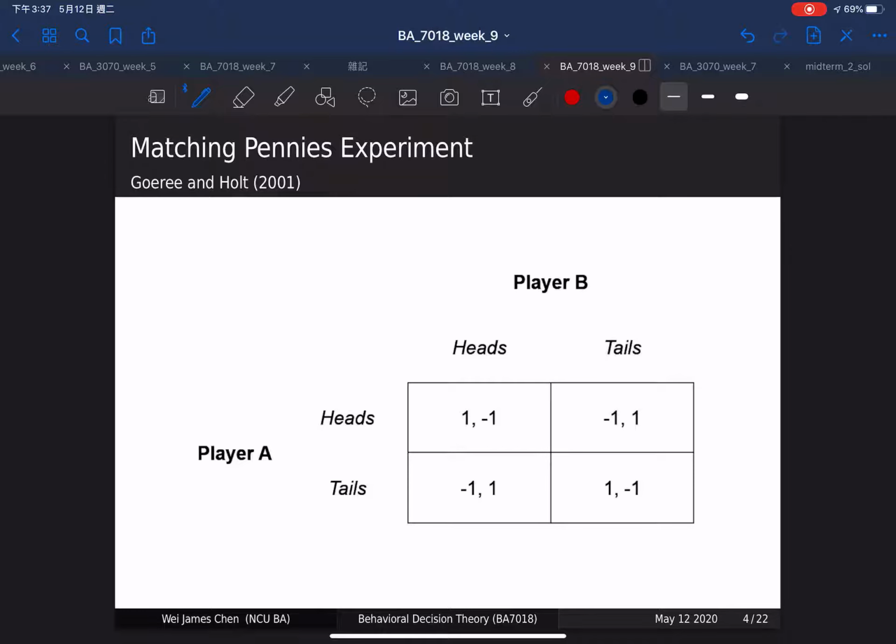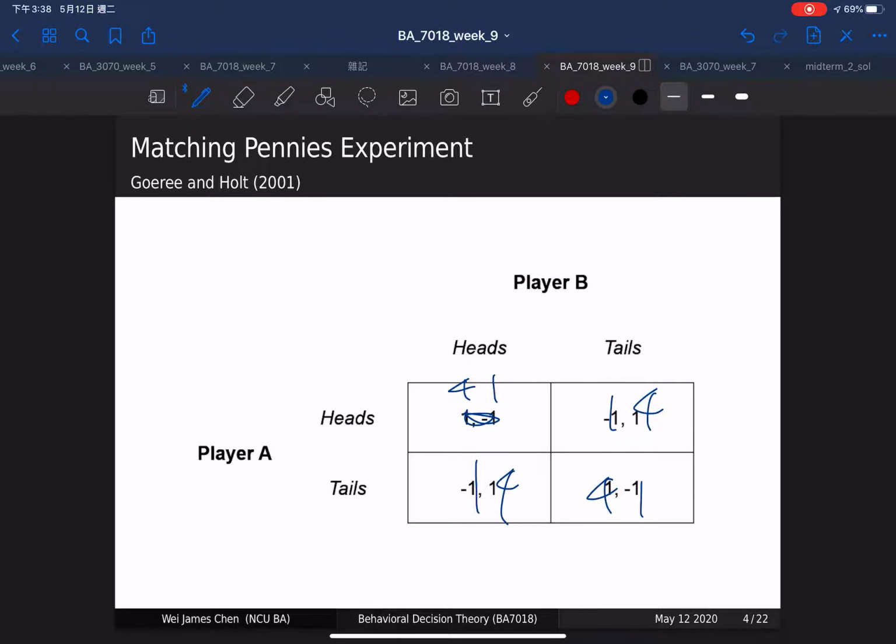And the second experiment we played is the matching pennies experiment. In the paper, they basically played this game, but instead of 1 and minus 1, they used, I think, 4 1, 1 4, something like that.